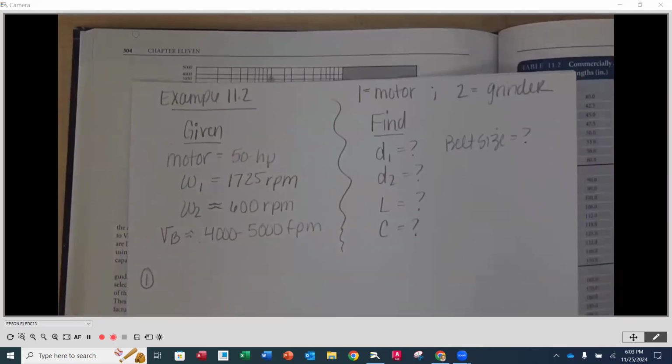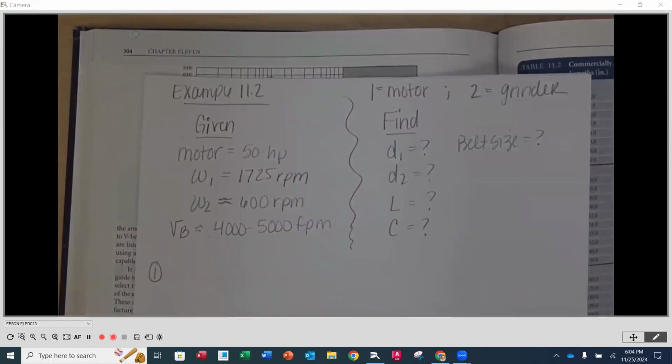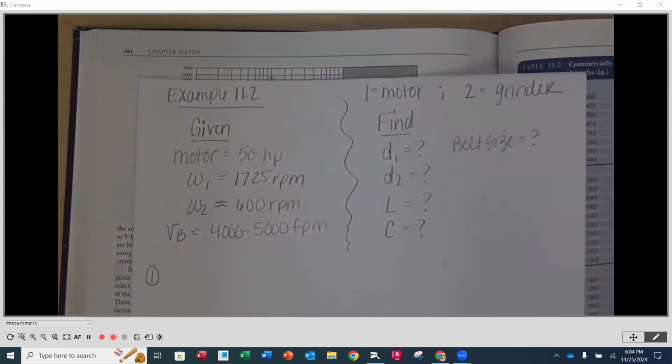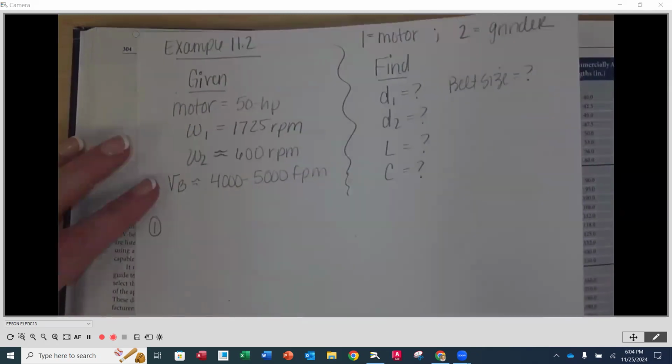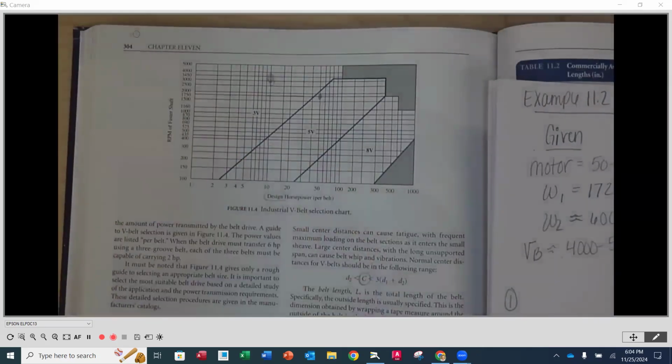If you look here, this is RPMs of the faster shaft, so it's going to be one of our W numbers. Yep, the 1720 or 1725 RPMs. Okay, 1725 RPMs. So if you find where the 50 intersects with 1725, what's the belt size that it lands in? Lex is saying 5V.